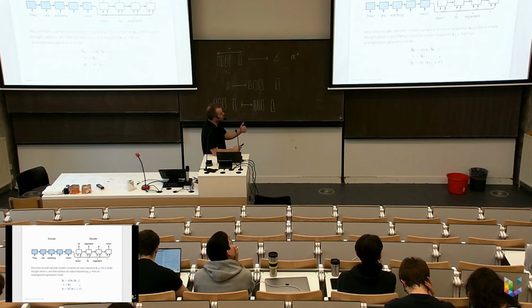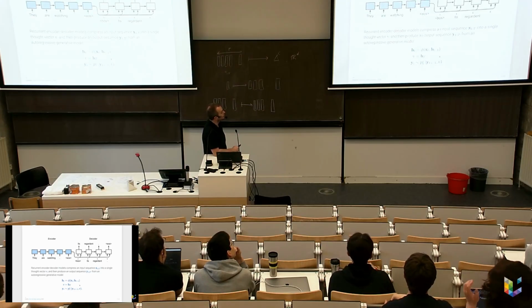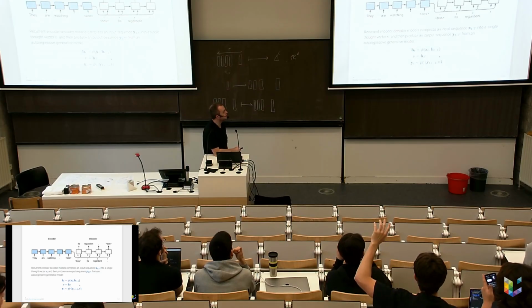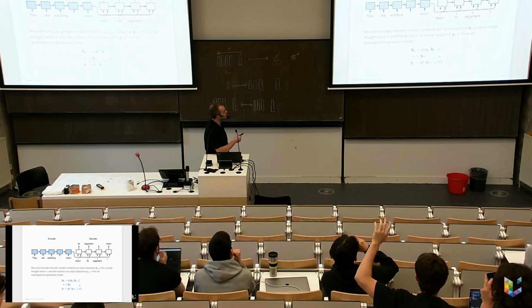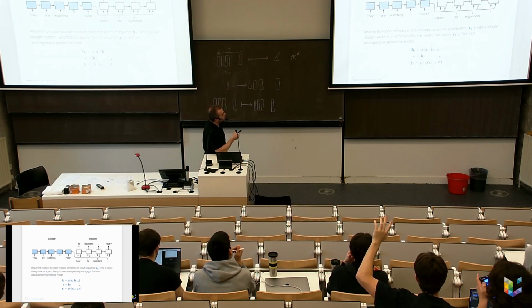And from this final representation, what you do is run another recurrent neural network, the decoder, getting as input at every step the representation that you've built through the encoder, along with the previous elements that have been generated by the decoder. Okay, so first you generate IL, and then you generate the next word.